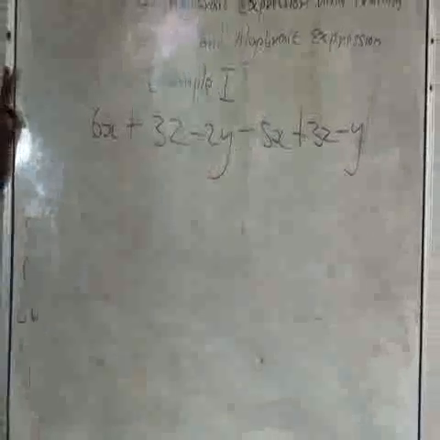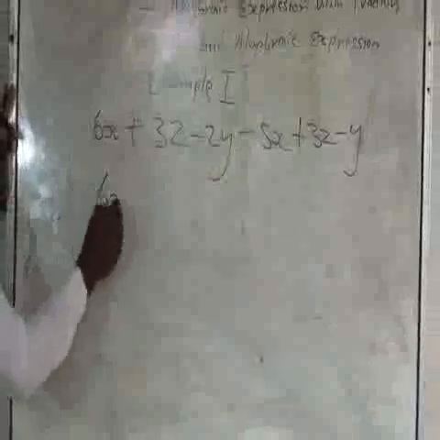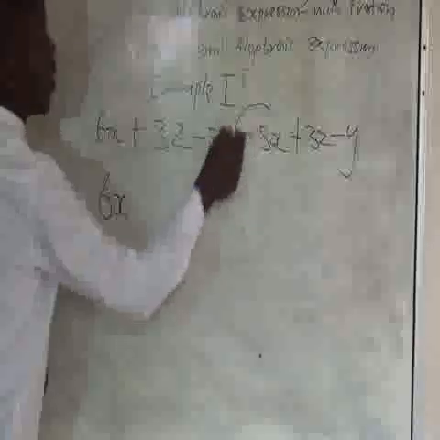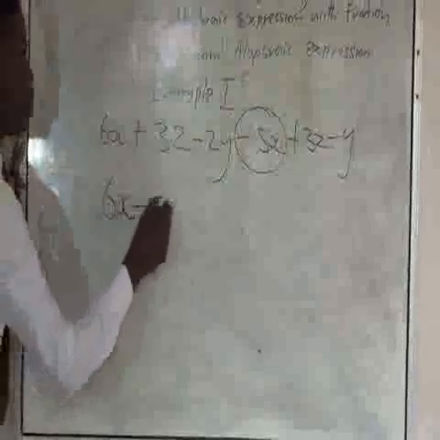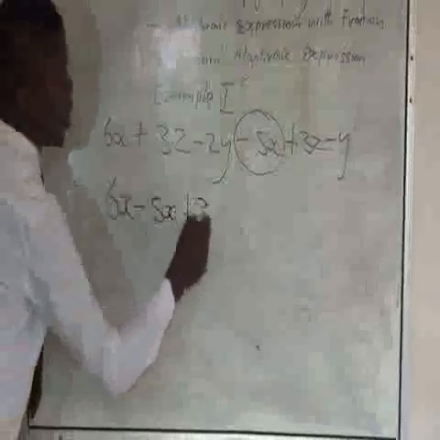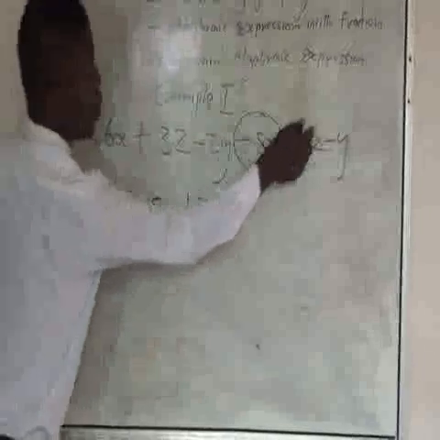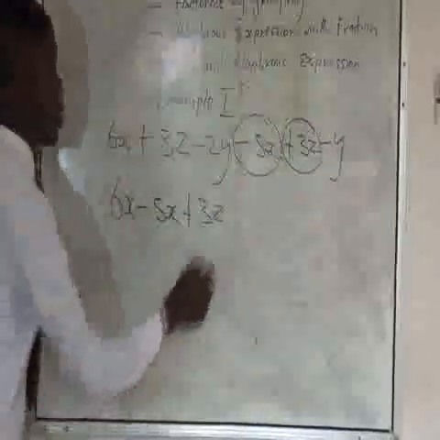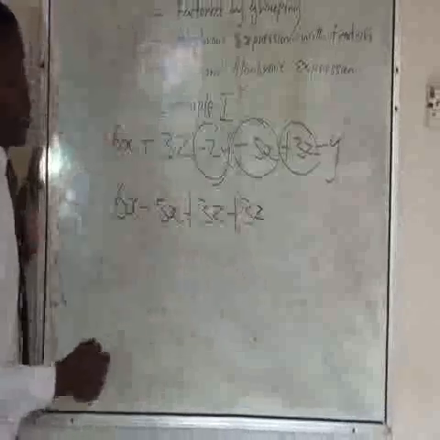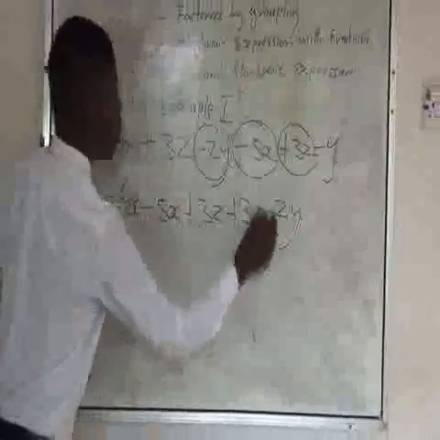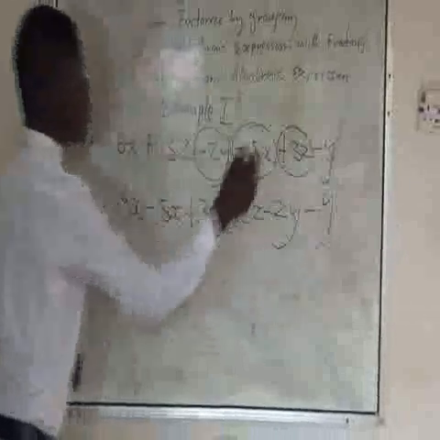Let's rearrange. First, 6x, this minus here belongs to this 5x, so we have 6x minus 5x. This plus here belongs to this 3z, plus 3z. This minus belongs to 2y, minus 2y minus y.